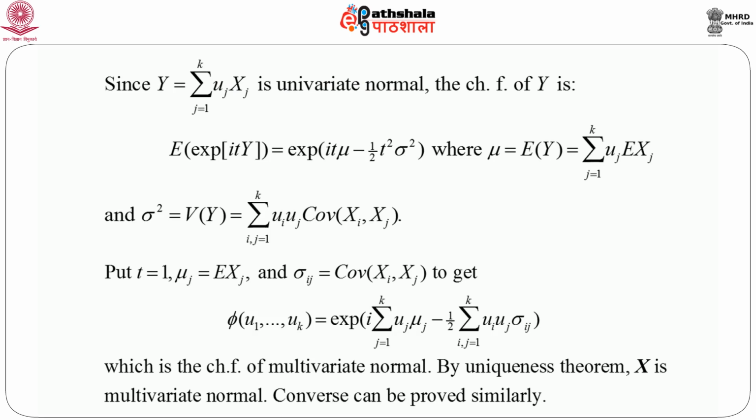Then we immediately get phi of u1, u2, uk equals e to the power i times the summation over j equals 1 to k of uj mu j minus half the summation over i, j both running from 1 to k of ui uj sigma ij. Now, this right hand side is nothing but the characteristic function of the multivariate normal distribution. So, by the uniqueness theorem, X follows multivariate normal, and naturally the converse can be proved similarly.